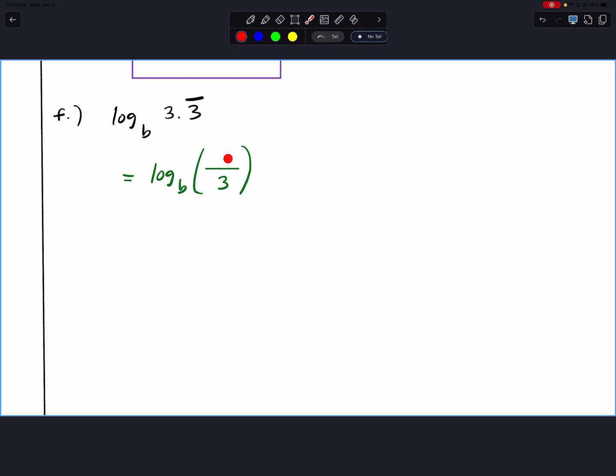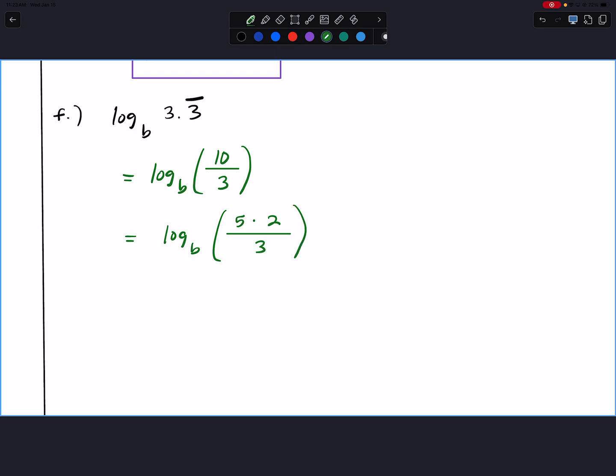So the question becomes, what number must go on top? 3 divided by 3 gives me 1. 10. Good. This is the same thing as 10 divided by 3. Now, class, do we have 10 as one of our numbers? But what do we have? 5 times 2. Oh my goodness, we're so smart.